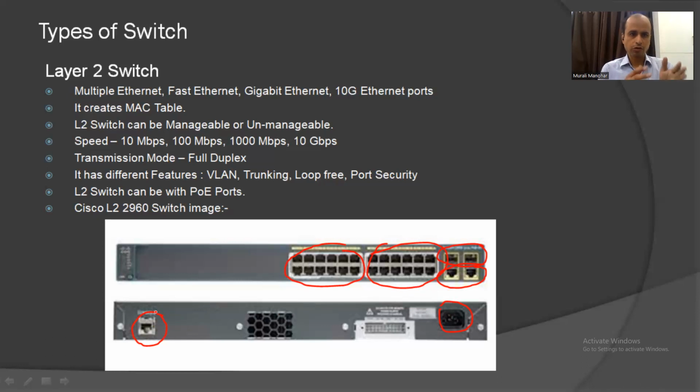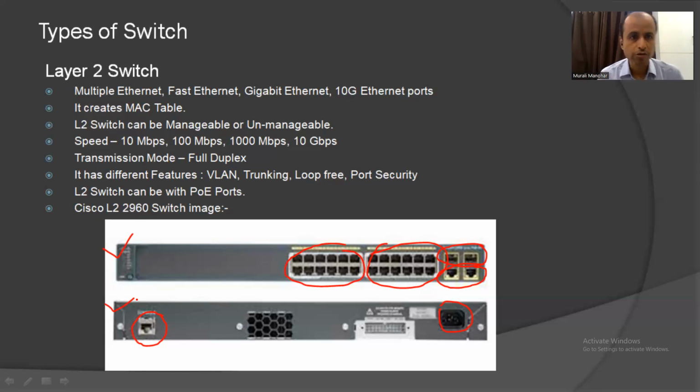Because now I'm talking about layer 2 switches, and a layer 2 Cisco switch can be a manageable switch or an unmanageable switch. This one is the manageable switch. Manageable switch means a switch that can be configured for different devices. With the help of this console port, we can configure the switch. Fine. So this is about the front panel and back panel of the switch.